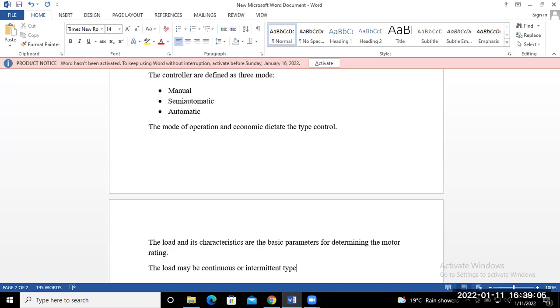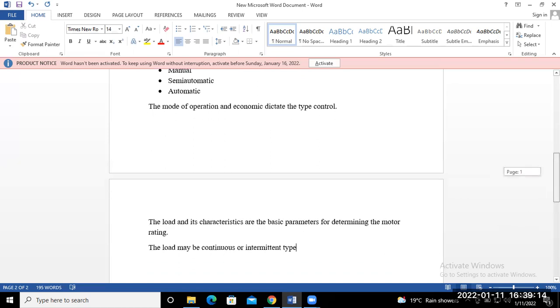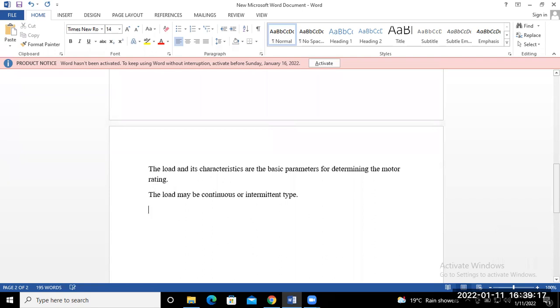The magnitude of the load can be constant or variable. So you have to remember the characteristic of the load.